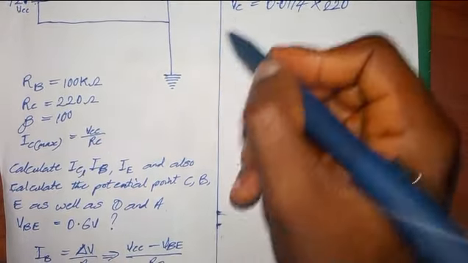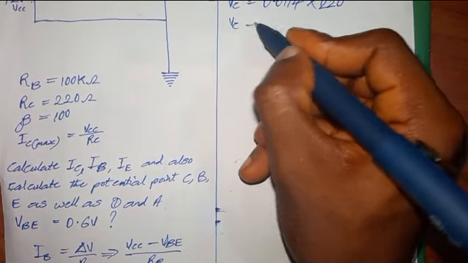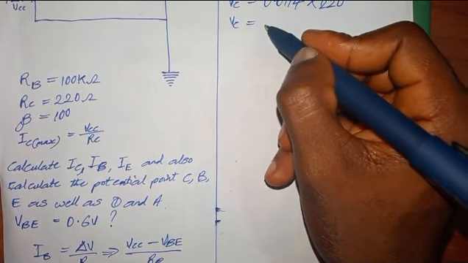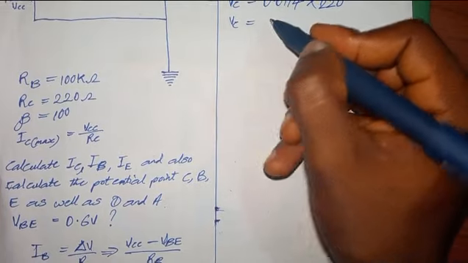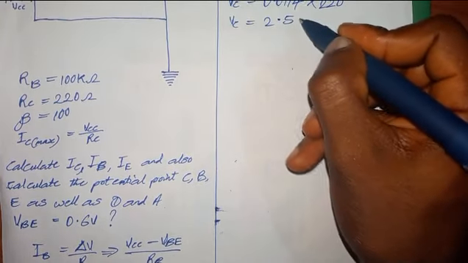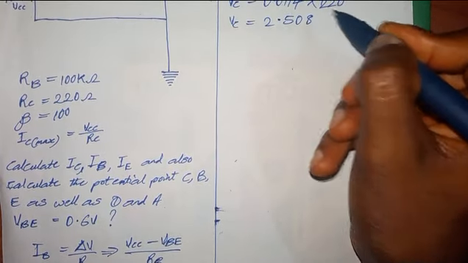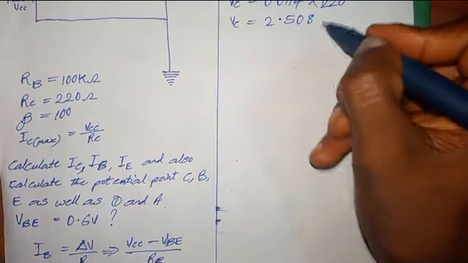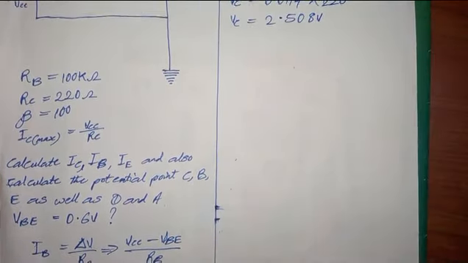And if you multiply these two, that means VC will be equal to 2.508. That's the VC, 2.508. Let me put the unit, volts.